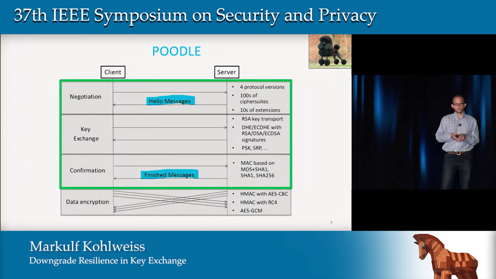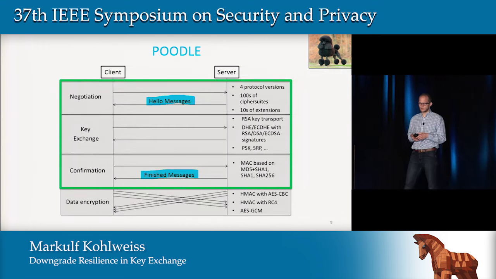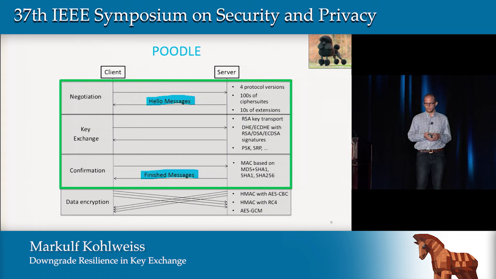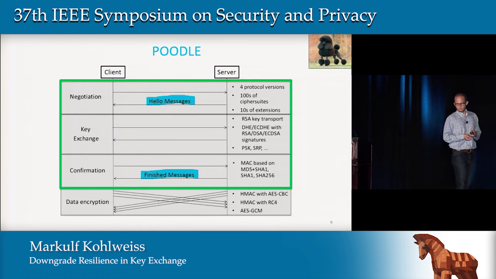So let's assume for a moment that we have an ideal TLS handshake that uses strong algorithms as proven secure by cryptographers. For example, take those of the previous talks. So the first motivating attack, POODLE, exploits weaknesses in the record algorithm of old TLS versions.